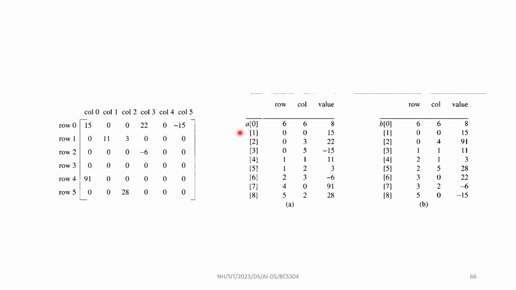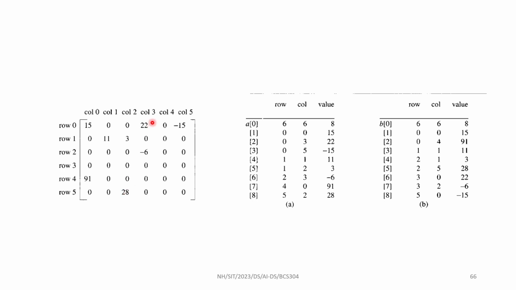Those 8 non-zero values are stored from row 1 till 8. The first entry is 0 0 15, second is 0 3 22, third is 0 5 -15, next is 1 1 11, 1 2 3, 2 3 -6, 4 0 91, and 5 2 28.